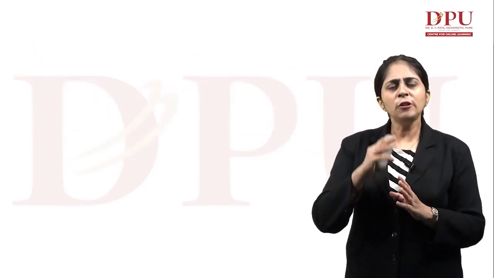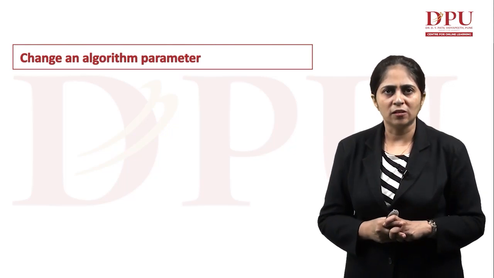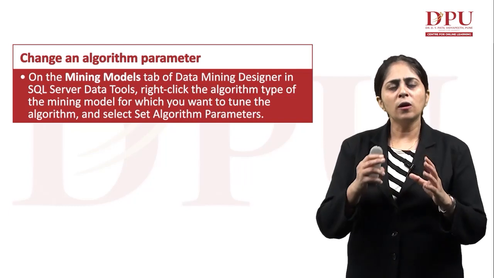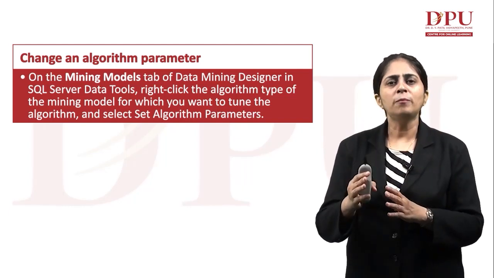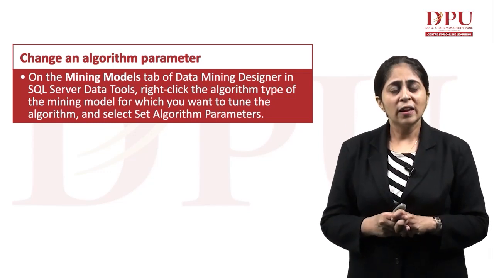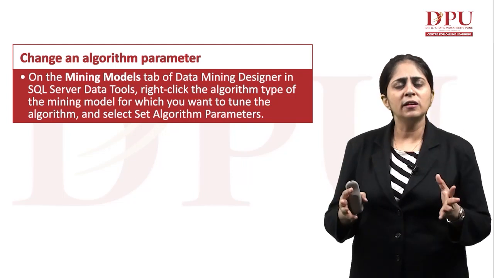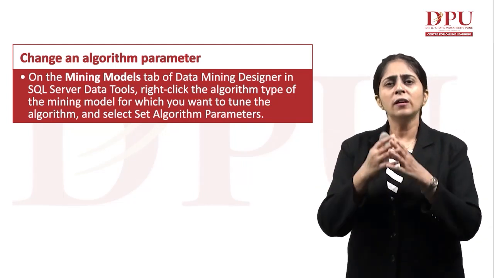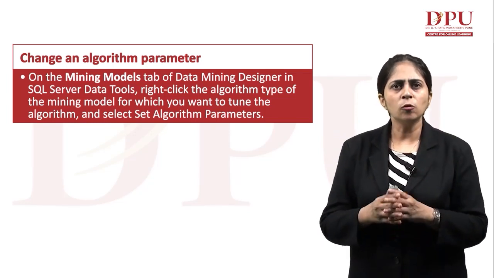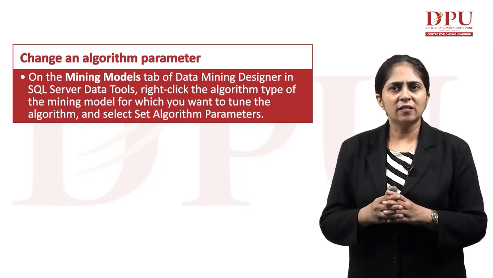Now come a few of the steps required to change the algorithm parameters. On the mining model tab of the Data Mining Designer in SQL Server Data Tools. Why are we talking about it? Because this is the most commonly used tool for data mining. In SQL Server Data Tools, we have the mining model tab of the Data Mining Designer.